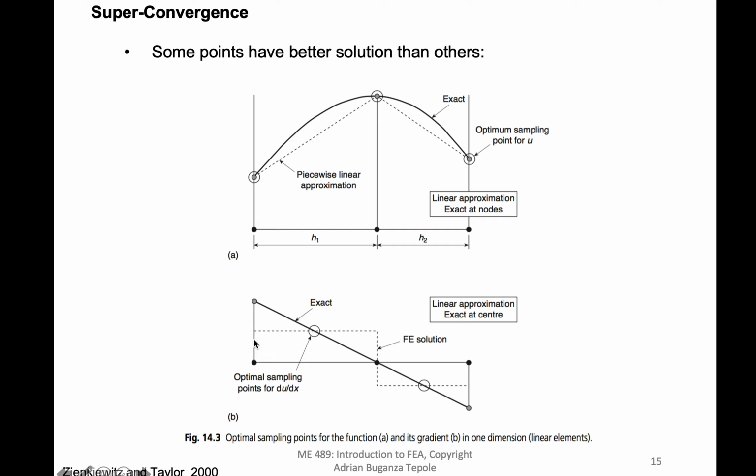For this element, the stress is this horizontal line, and for this second element, the stress is this line. So for the stresses, the best point is at the middle of the element. If you sample the stress here, you will get some value that is very close to the exact solution. Whereas if you evaluate the stress at the node and compare it to the exact solution, you get a really big error.